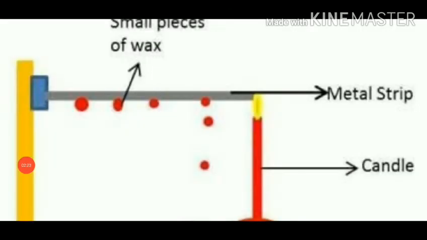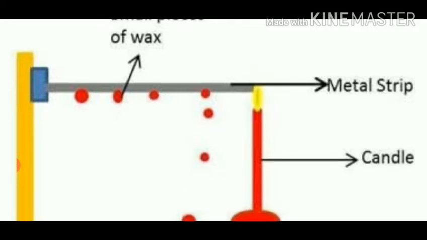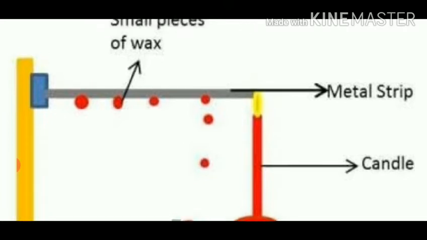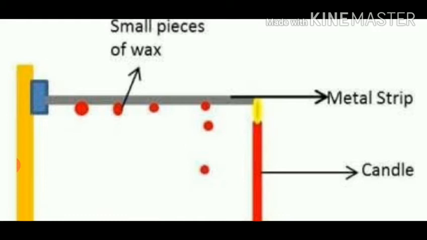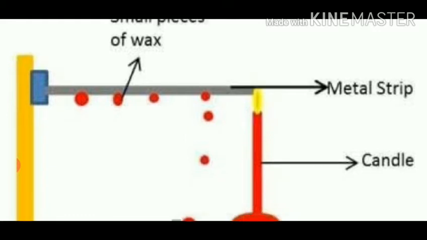We will observe that one by one, all the pieces of wax will fall. The heat travels through the rod and melts the wax, making them fall. So this happens due to conduction. That is, the heat travelled from the hotter end of the rod to the colder end of the rod.